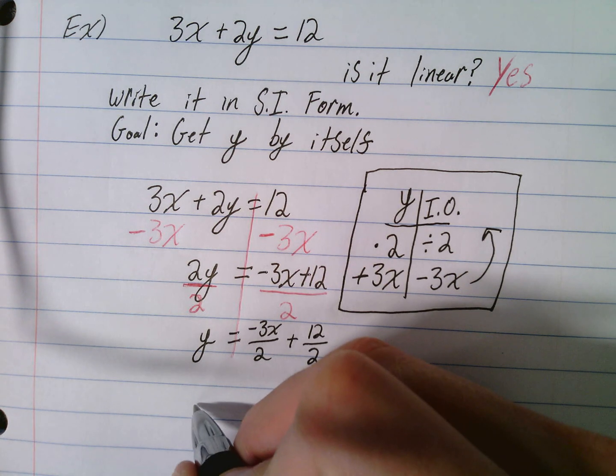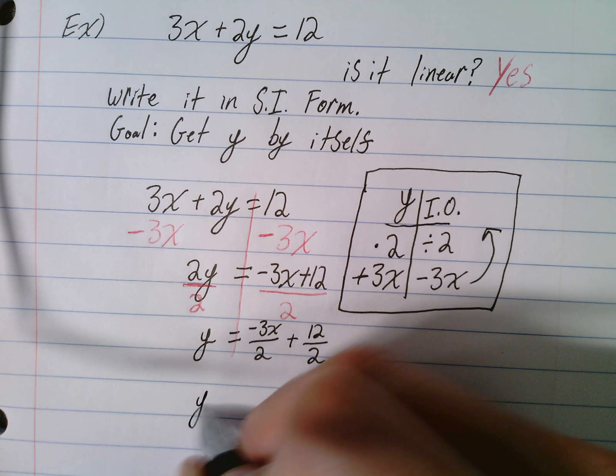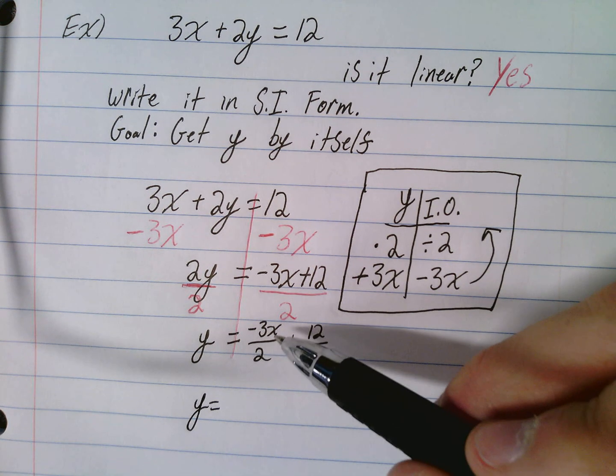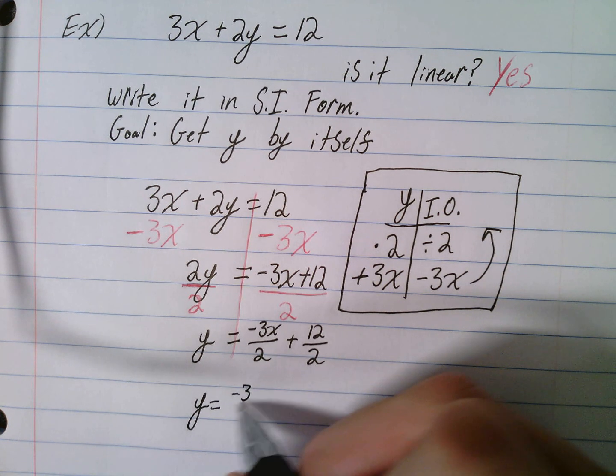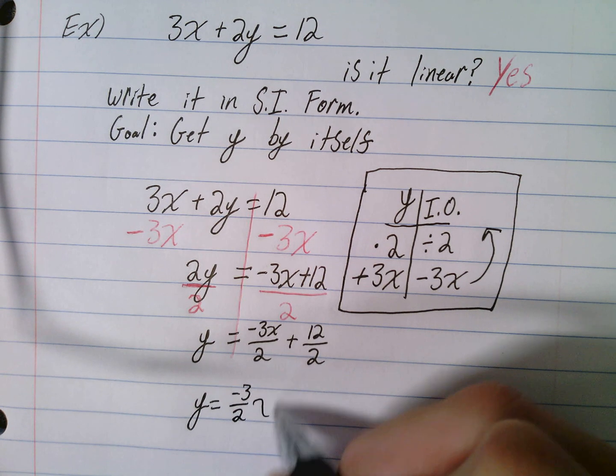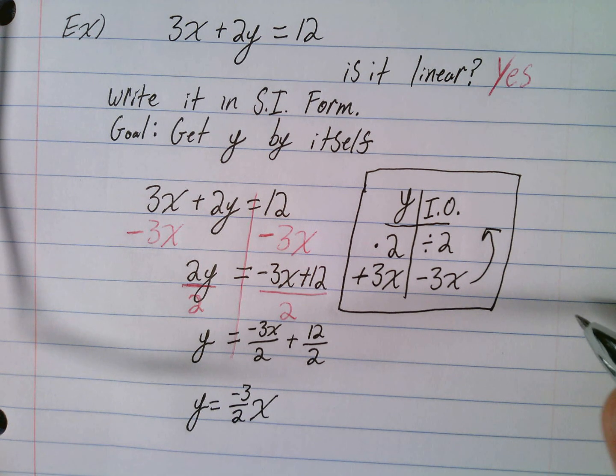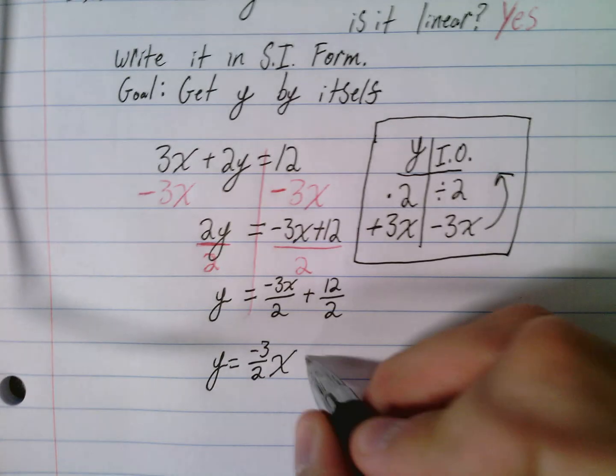Well, let's simplify this last step here. Y would be equal to, can I simplify negative 3 over 2? Does 2 go into 3? No, so I'm going to leave that as negative 3 over 2x. And what's 12 divided by 2? 6.